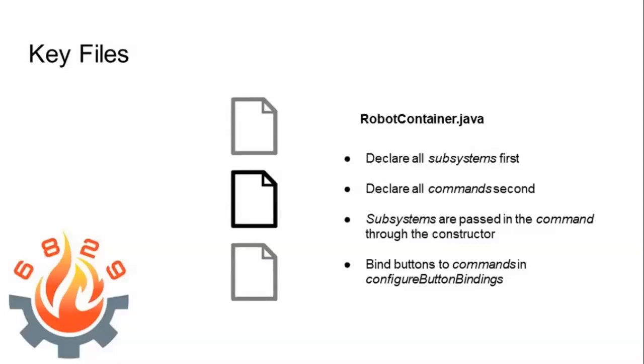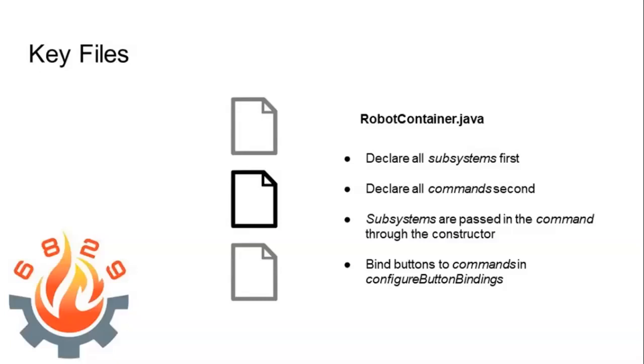So you could declare a meaningful name in your constants, like wheel diameter in inches. Then in your math you can use wheel diameter in inches, and you know what you're doing. So it makes it easier to find bugs. In your bindings in RobotContainer, you basically tie the buttons or whatever triggers you have to your commands.